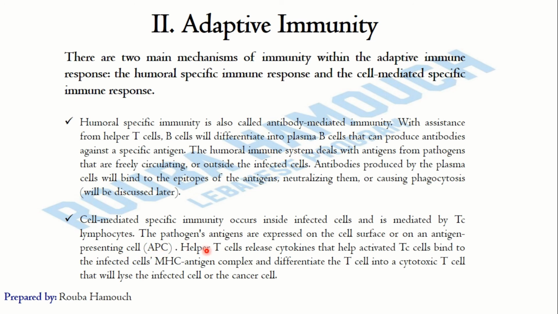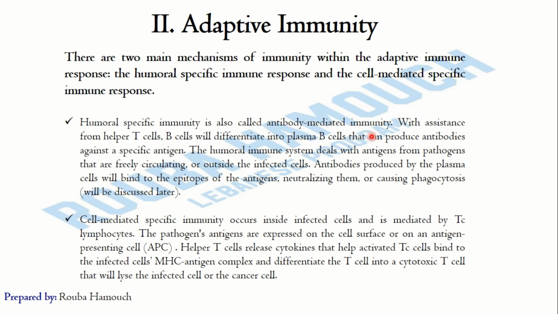The T helper will release cytokines and interleukins that will help activated TC cells to bind to the infected cell's MHC antigen complex and to differentiate into cytotoxic T cells that will lyse the infected or the cancer cells. All these mechanisms will be discussed later.